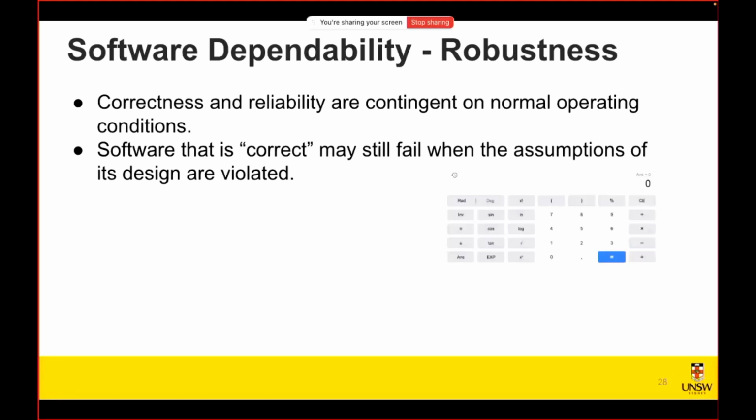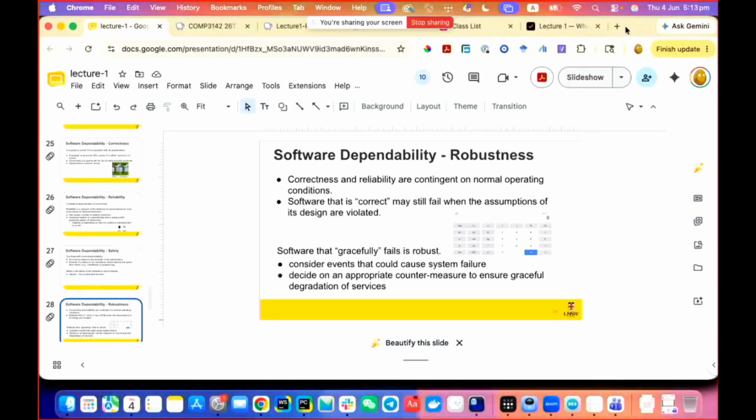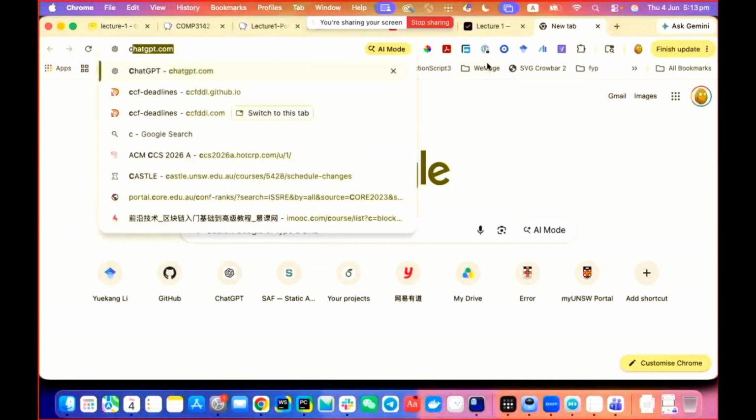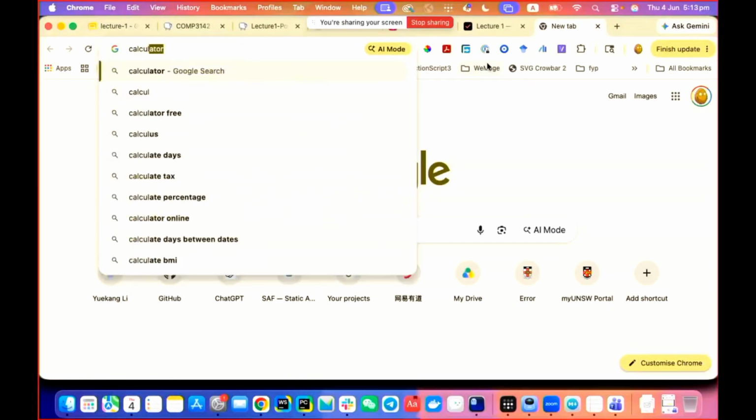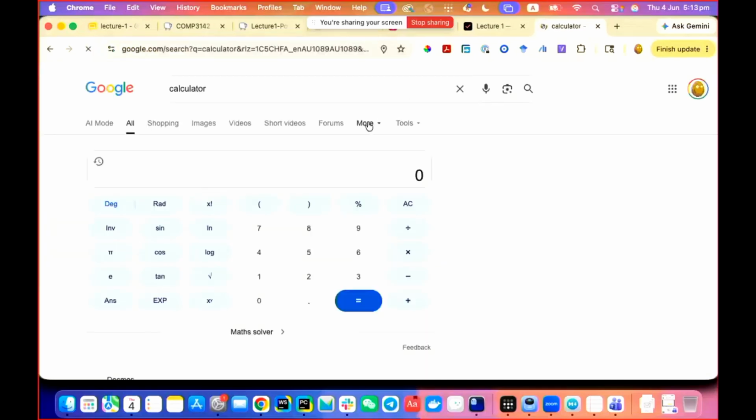For example, this is a screenshot from the calculator app of Google. If you Google calculator, it will show you this. There are many small tools provided by Google if you search some keywords, and the normal usage is like we just click on this keyboard, right?